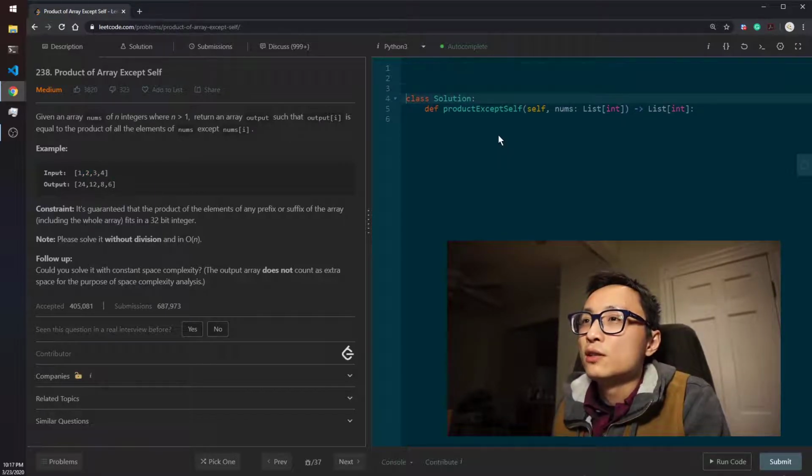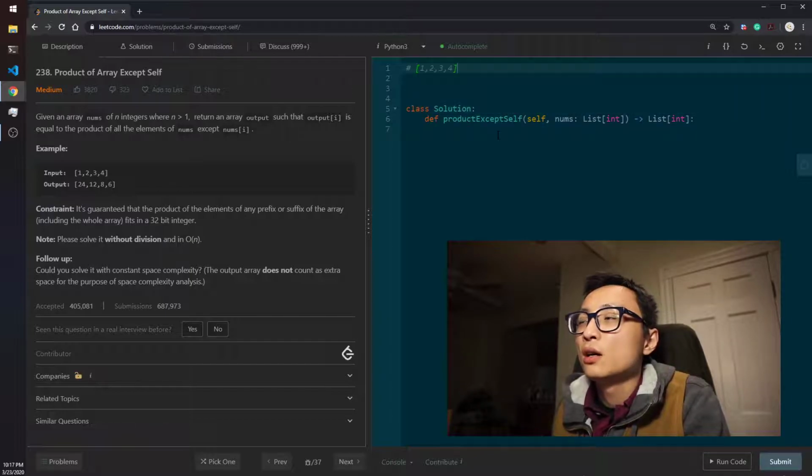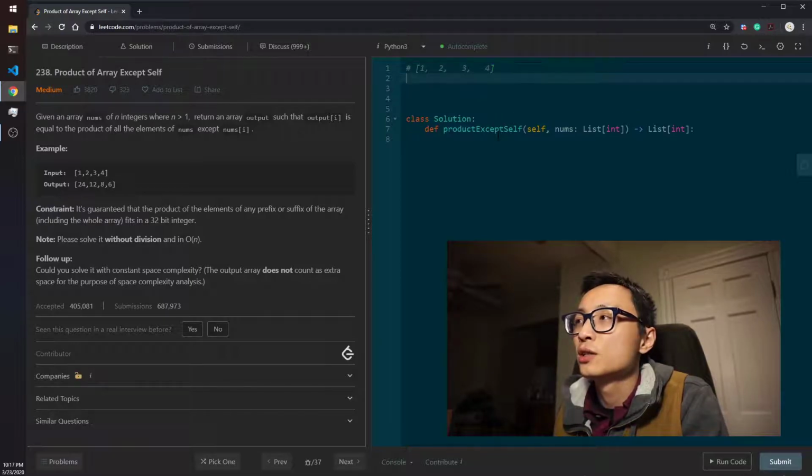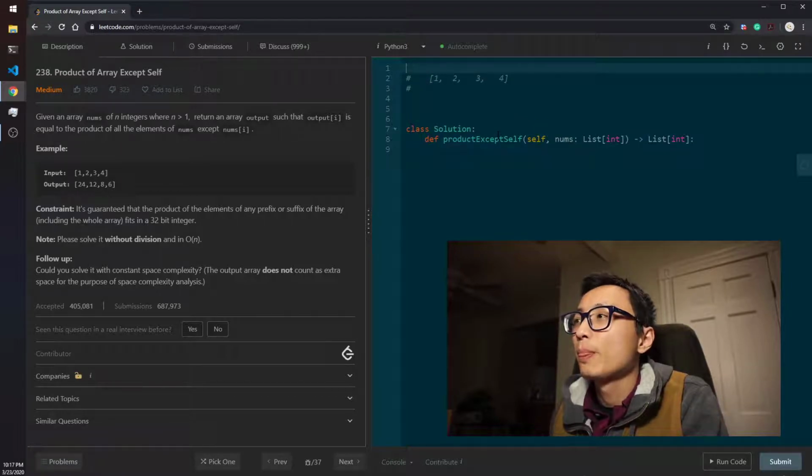The way to solve this is to think about what the output for each position actually consists of, right? So for 1 here, the output is 2 multiplied by 3 by 4.